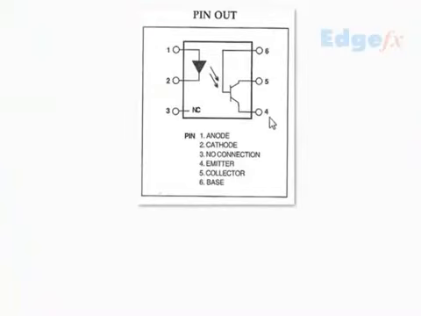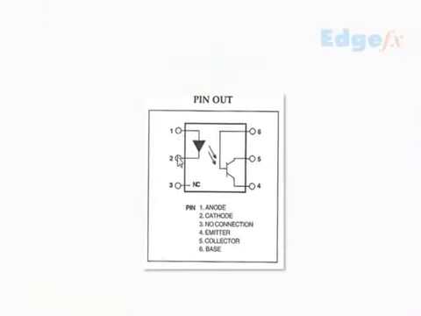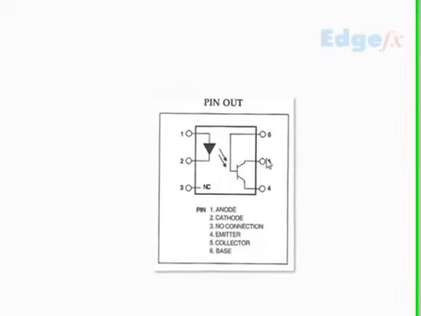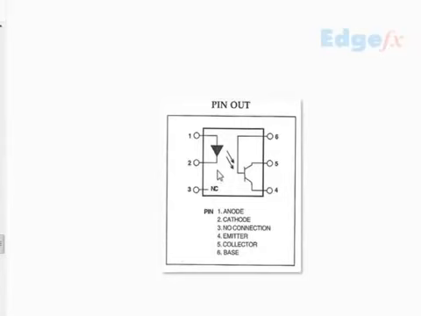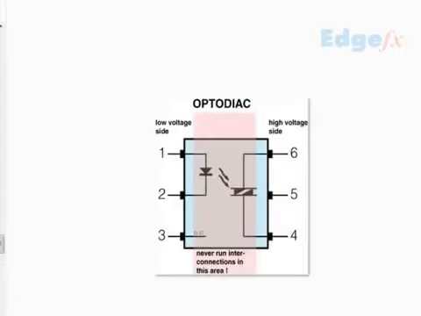Here it's a 6-pin IC. We have pin number 1 and 2 as a diode, a light emitting diode, and this throws light on this, and this conducts between 4 and 5. This is available in the transistor version like this, or you can see it like this, or the other type which is available in the opto-isolator is the opto and DIAC combination, which is used in various places in the power electronic sector.